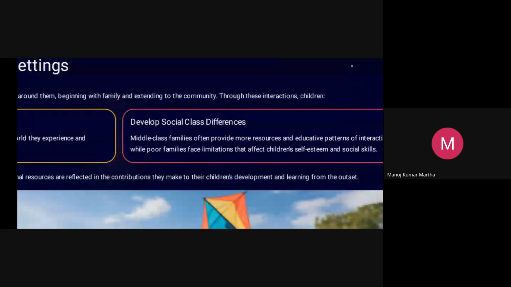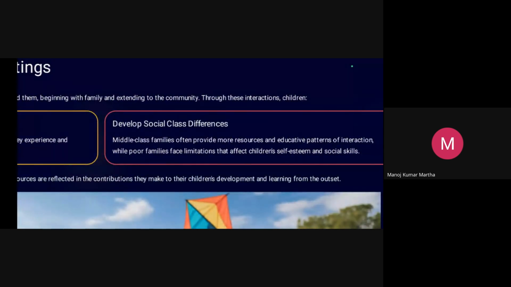As we say, middle class families often provide more resources and educative patterns of interaction, while poor families face limitations that affect the child's self-esteem and social skill that affect the learning process. So the class in which they are born, that class affects their learning process, their growth and development.